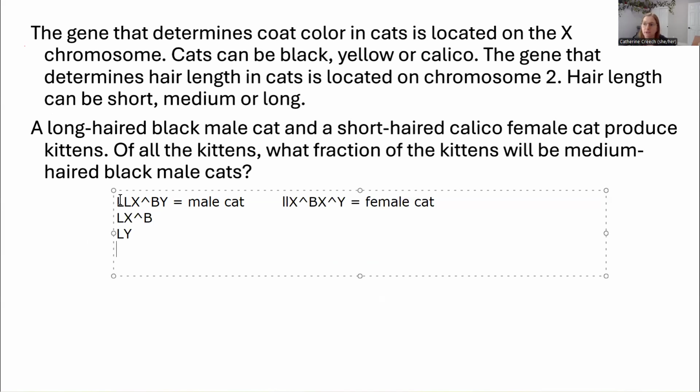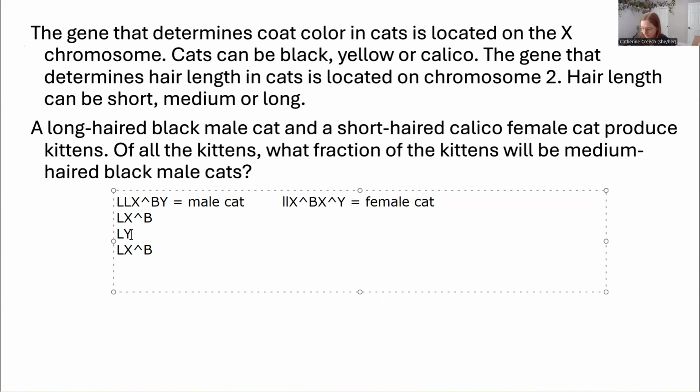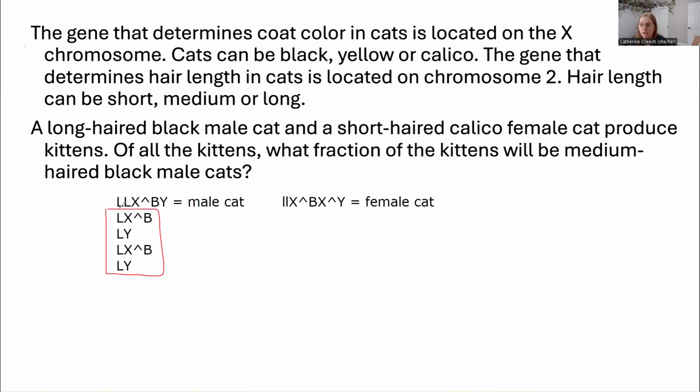So I've used this first big L twice. Now we're using the second big L for long fur with his X chromosome for black coloration, and then the second big L for the Y chromosome. So it looks like it's the same thing twice, but that's because one of these is the first big L and one of these is the second big L. So those are the 4 types of gametes that can be produced by your male cat.